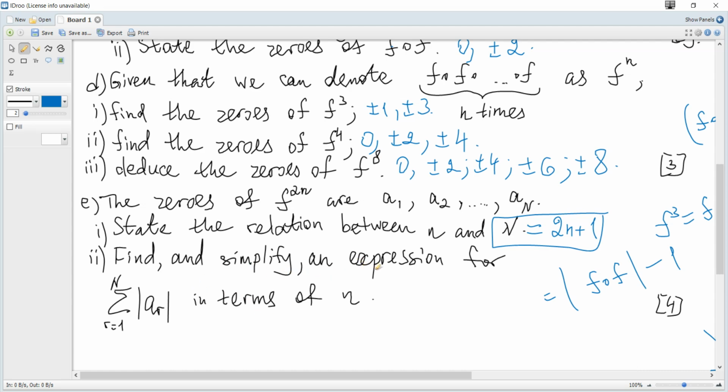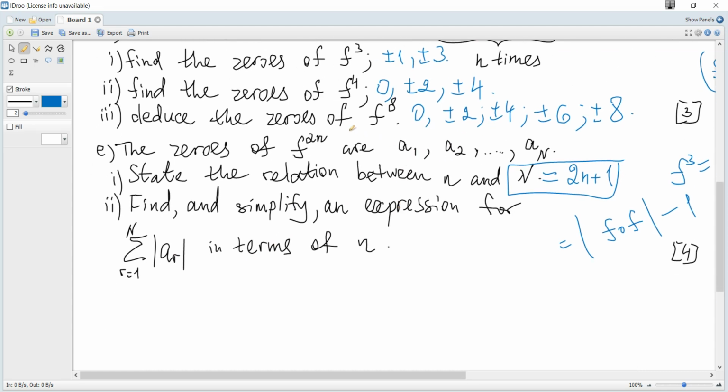Find and simplify an expression for the sum of the absolute values of all roots in general in terms of n. Again, if we consider an example for F8, we consider 0 plus, since there are two roots plus minus 2, the absolute value of 2 plus the absolute value of -2, which is also 2, plus the absolute value of -4, which is 4, plus 4, and so on.